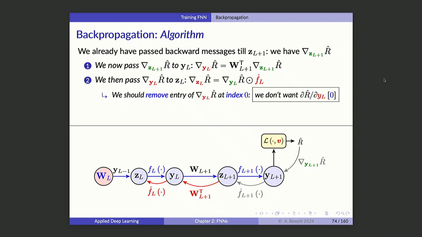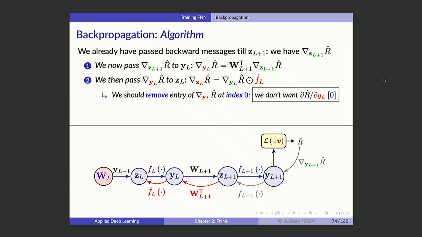And again, you can justify it by looking at the dimension, right? Because here this YL is of size 11, but ZL is of size 10, right? ZL is not of size 11. You first do the transform, and then you add the dummy variable. So just to match the dimension, you need to do that, okay?